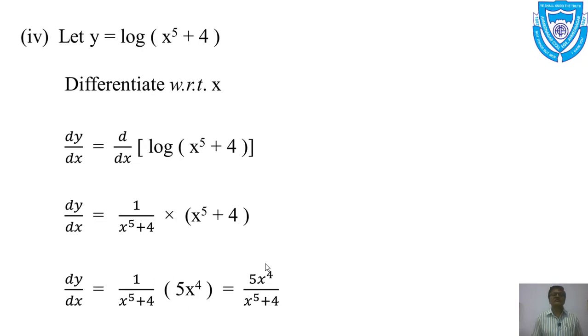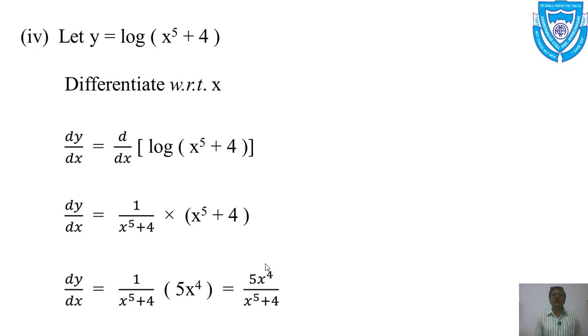Next example is y is equal to log of x raised to 5 plus 4. We differentiate with respect to x by considering this x raised to 5 plus 4 as u. So we have to take the derivative of log u. Derivative of log u is 1 upon u.